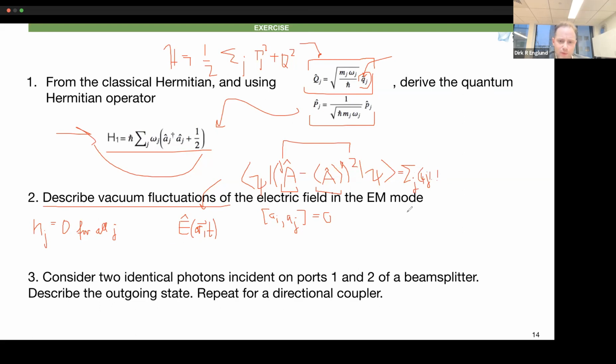So we just have to worry about one of the modes. Let's say we take one of the j's, it's in the vacuum, and we're looking at the fluctuation of mode j of this operator here.